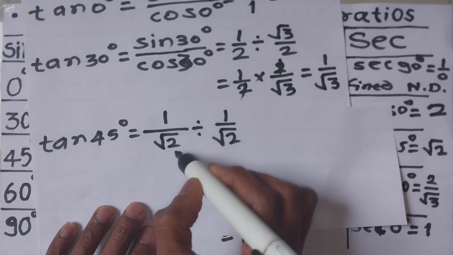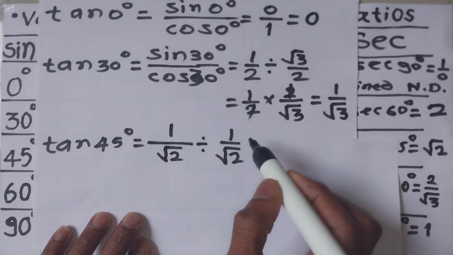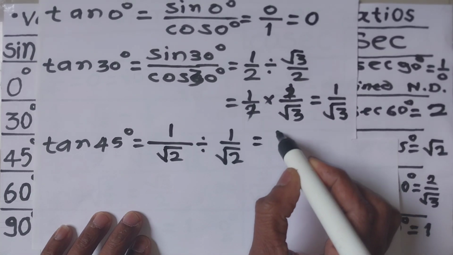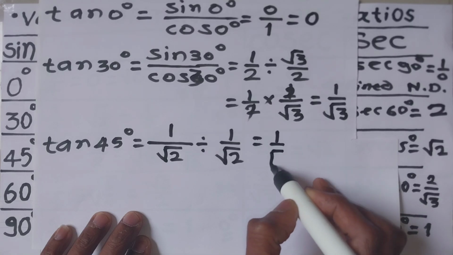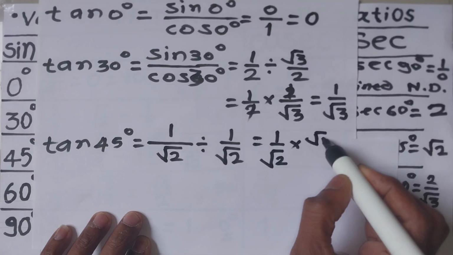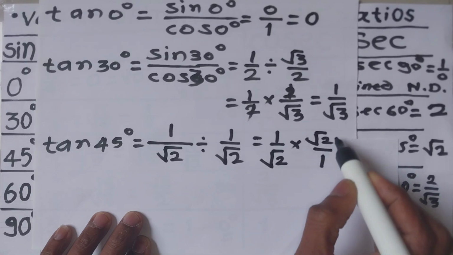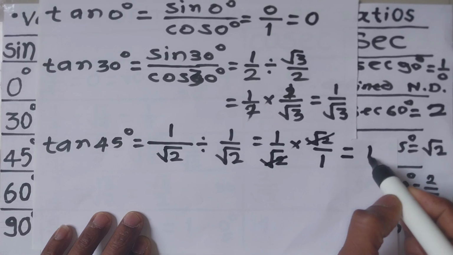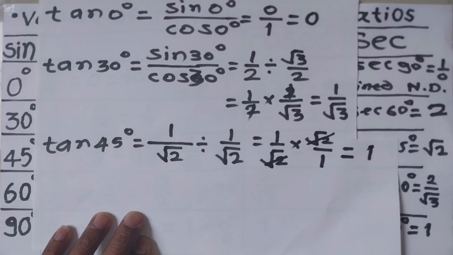So we write 1 upon root 2 divided by 1 upon root 2, then we take the multiplicative inverse of this, so we get 1 upon root 2 into root 2 upon 1. Therefore these cancel, so we get tan 45 is equal to 1.